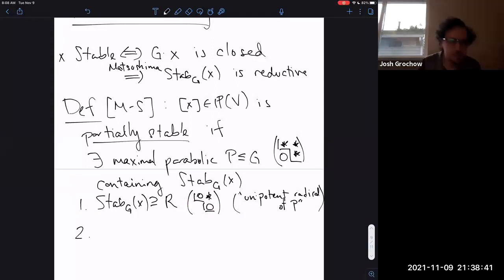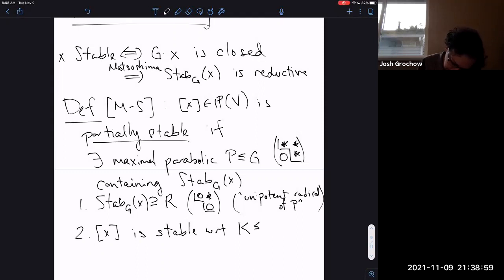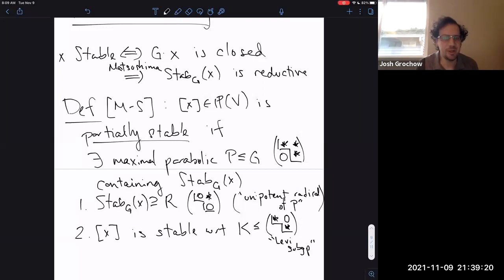Two, this point is actually stable, but with respect to a smaller group, with respect to some group K contained in the diagonal part here. So this is called a Levi subgroup. I'm giving you the names because you'll see them in the literature and they apply more generally, but I'm also giving you the picture because this is the picture in GL_n.